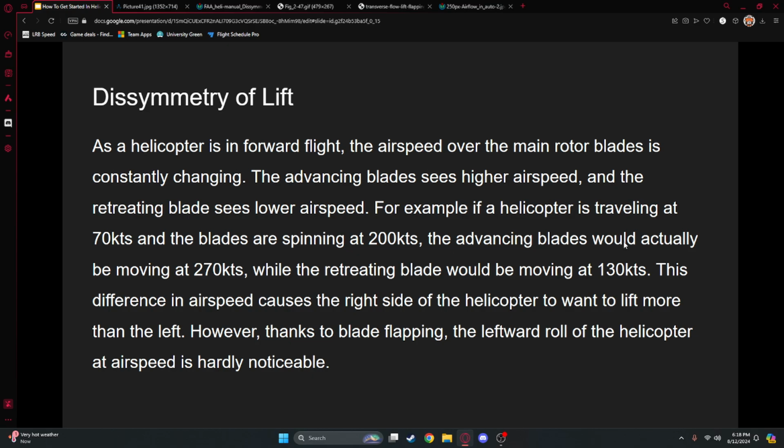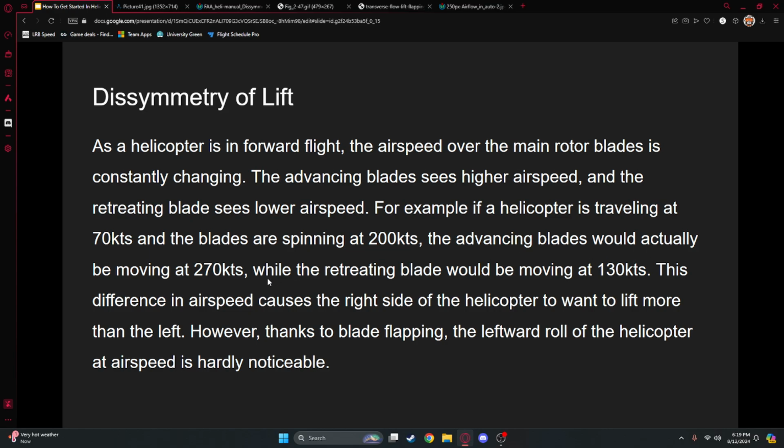The advancing blades would be moving at 270, because we're moving forward at 70 knots airspeed, and if the blades are spinning at 200 knots, the advancing blade would see 200 plus 70.